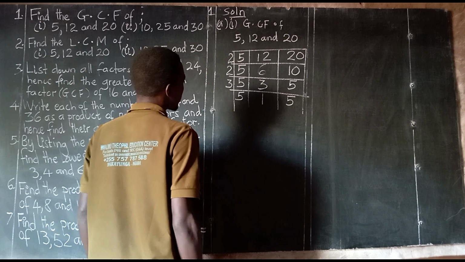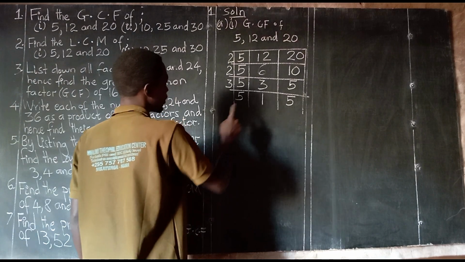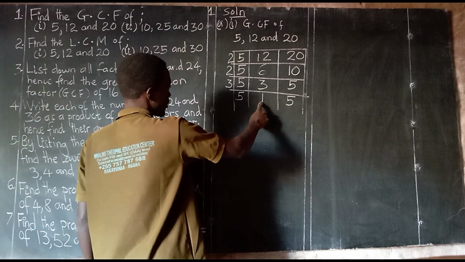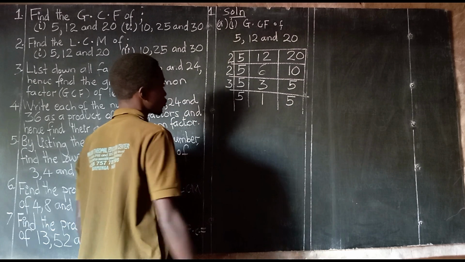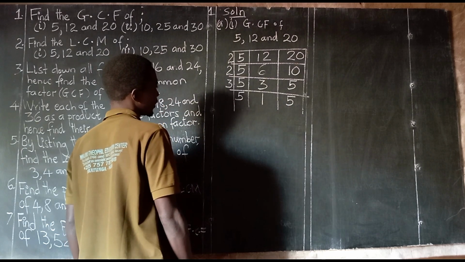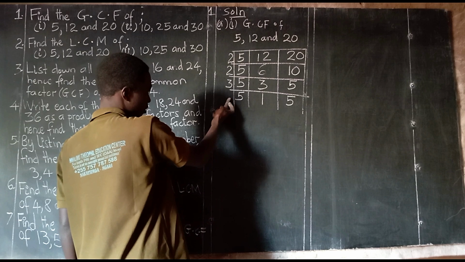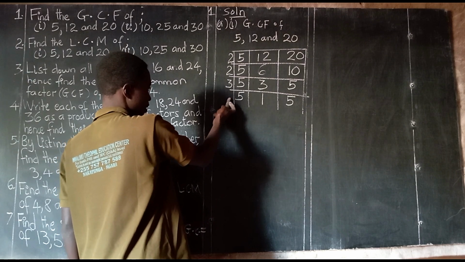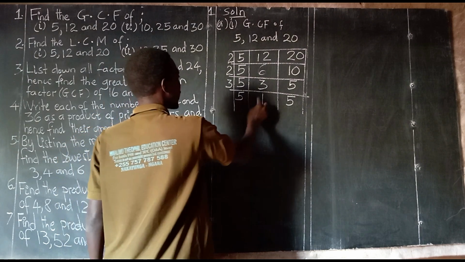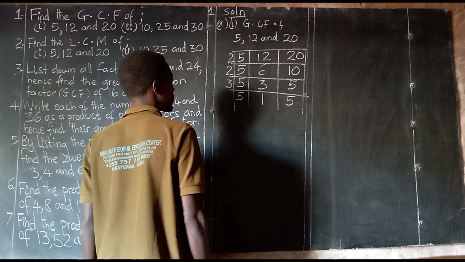Now, let us see the three numbers which we have: 5, 1, and 5. You pass across again. May we use 3? No, we can't divide by 3 because there is no number which is divisible by 3 completely.